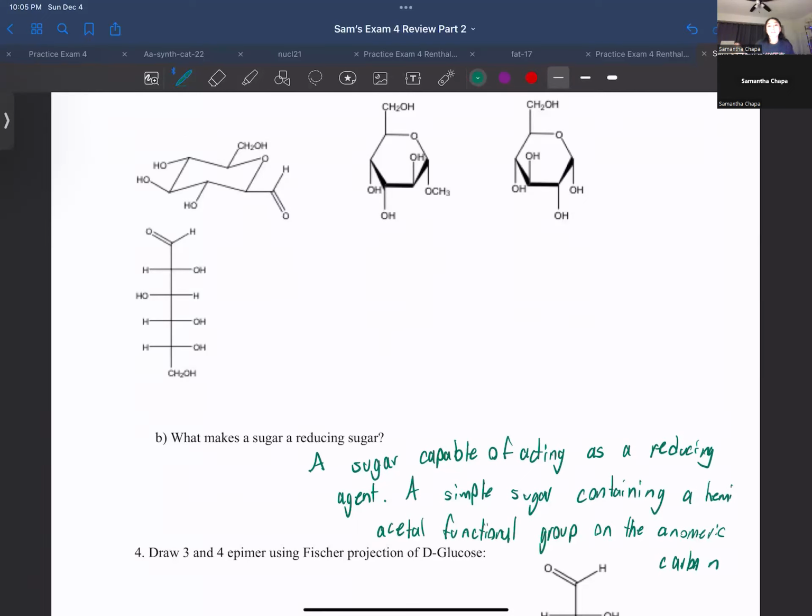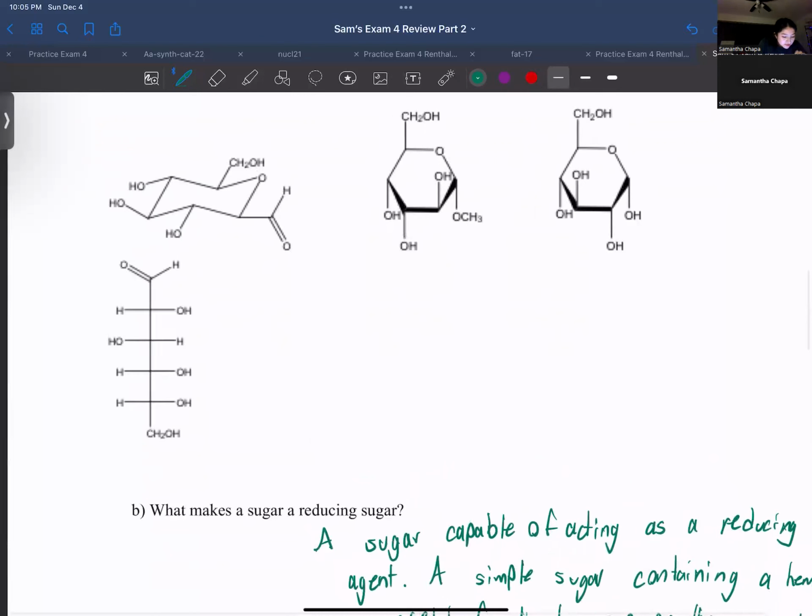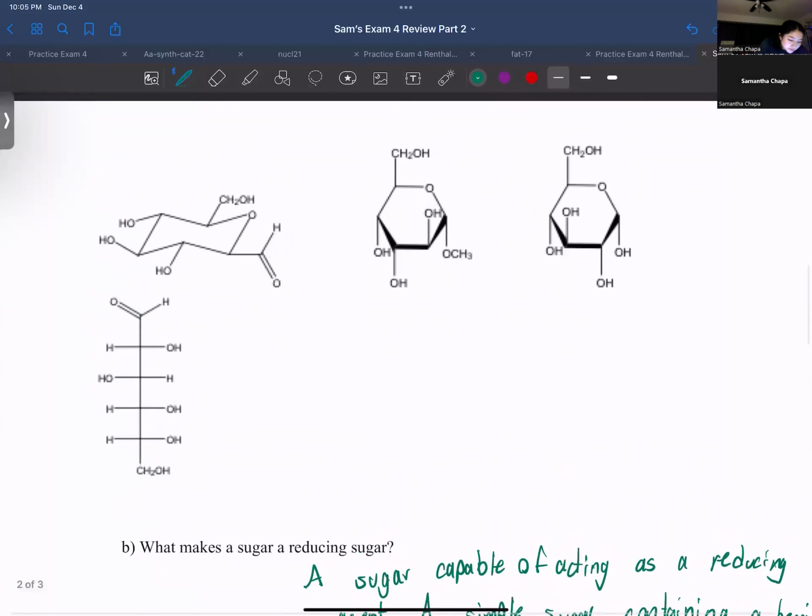Okay, so it's all dependent on the anomeric carbon and whether this anomeric carbon is a hemiacetal, right? So for each of these, I'm going to look at my anomeric carbon. For this one, as we usually do, I numbered the oxygen as 6 and the anomeric carbon as 1. We know that hemiacetals have an alcohol group and an ether group.